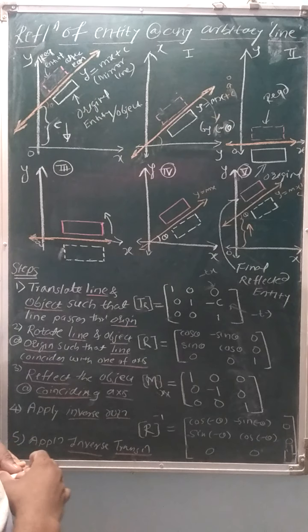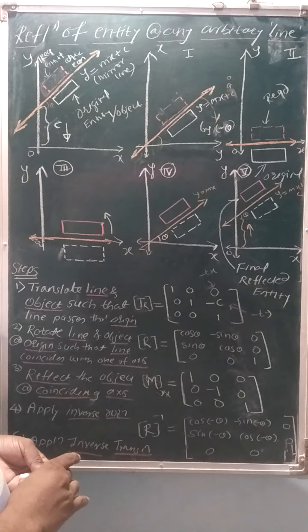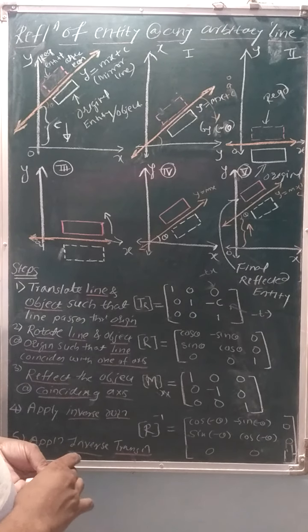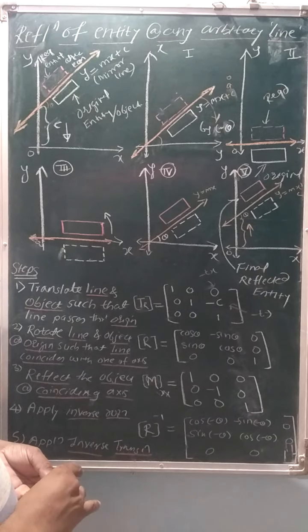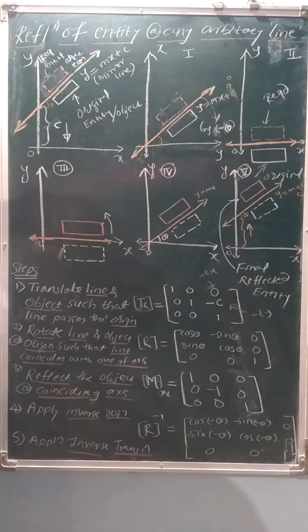Now this transformation is achieved within 5 steps. Last time we saw scaling and rotation, where the geometric transformation about any arbitrary point was achieved in 3 steps, but in this case the transformation requires 5 steps.